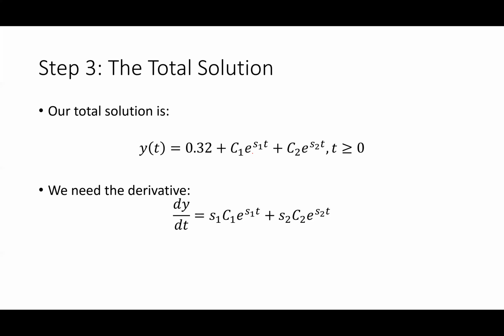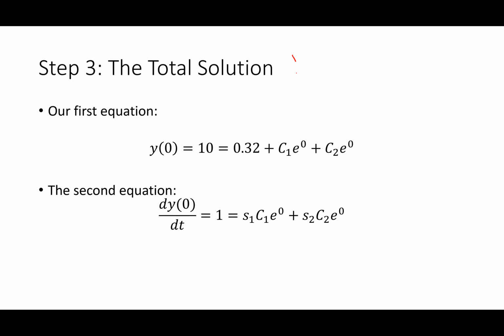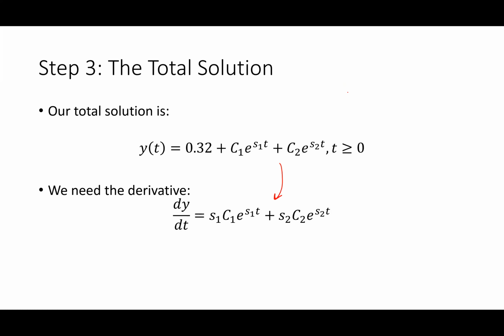Now, I was told the initial conditions for this guy were that y of 0 was equal to 10, and dy of 0 by dt was equal to 1, okay? So I took those original expressions here.